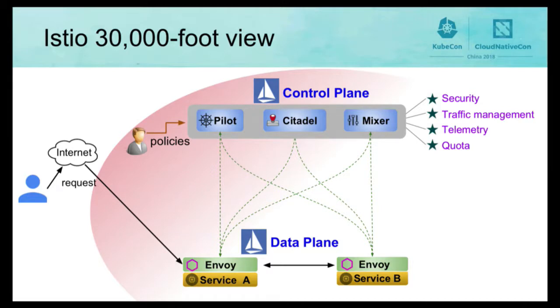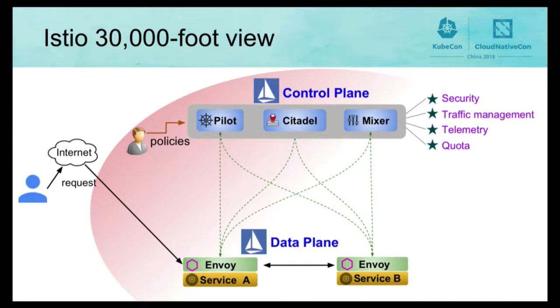One is Pilot. Pilot gets the policy from the operator, interprets it, and translates it into Envoy config. Envoy is the data plane. These configurations are pushed to Envoy, and Envoy actually enforces the policies.